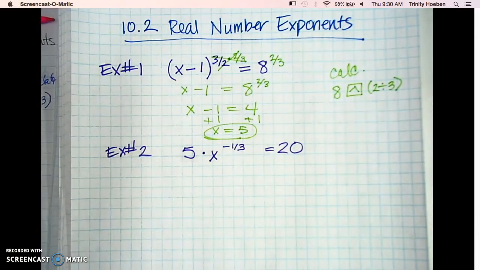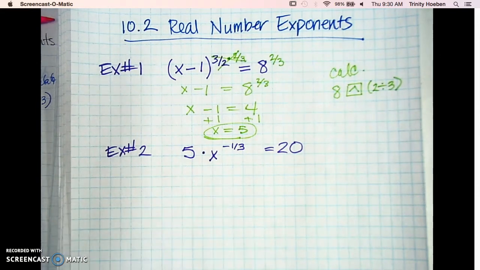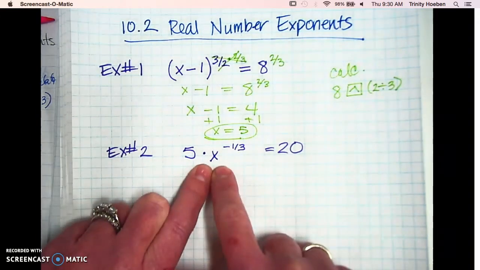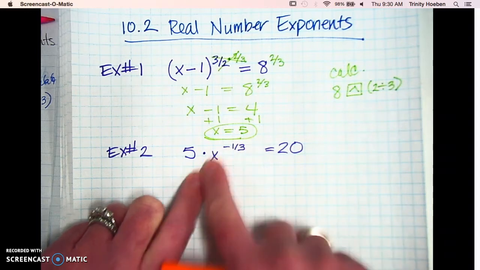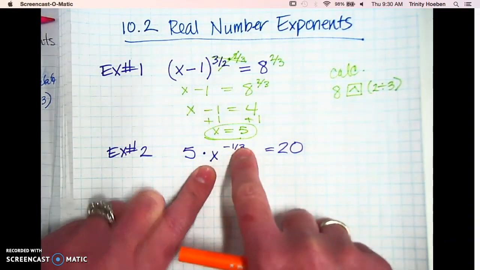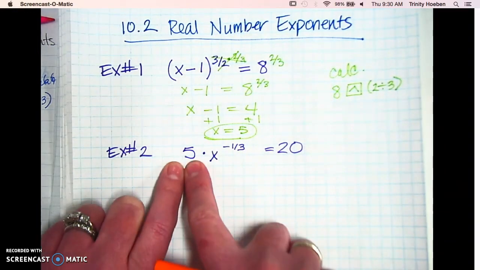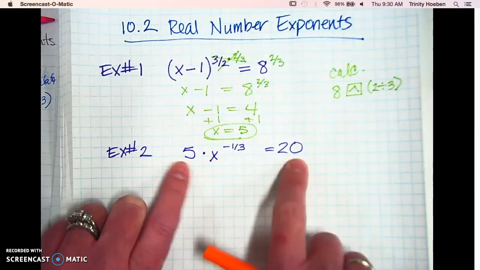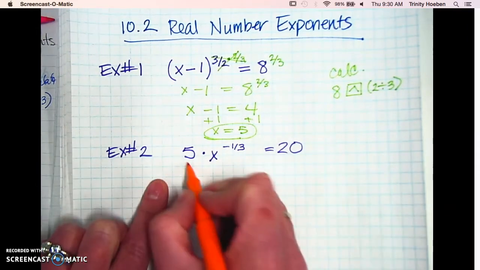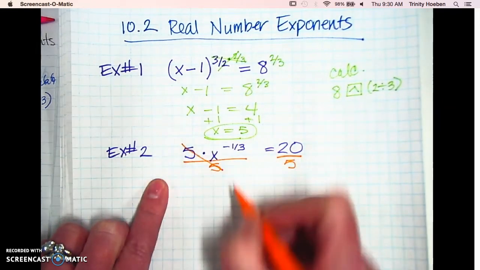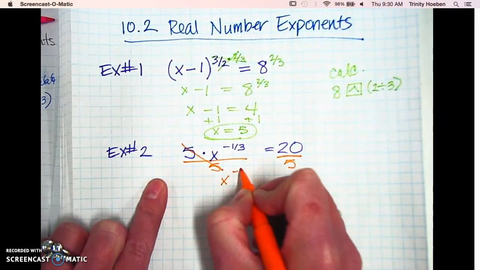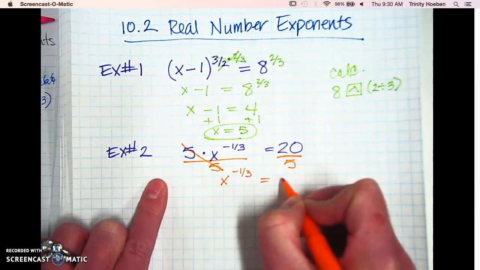All right, so we have 5 times x to the negative 1/3 power equal to the 20. We're going to try and isolate, try and get that x by itself, okay? So we can multiply by the reciprocal in just a second, but first it's being multiplied by 5, and guess what? 20 is divisible by 5, so divide both sides by 5. 5's cancel over here, you've got x to the negative 1/3 equals 4.